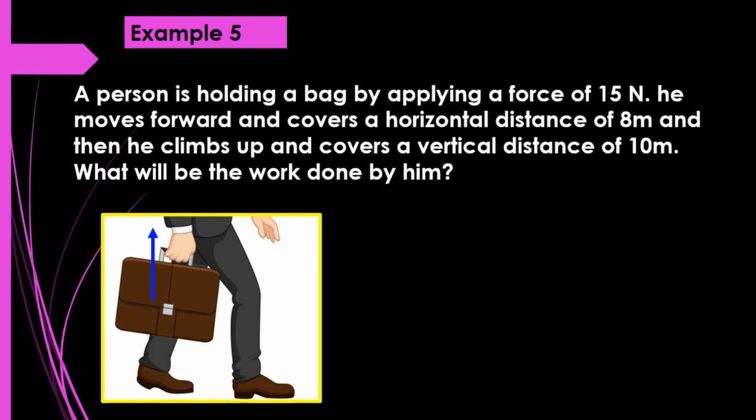Here we have to find out the work done in his horizontal motion and also vertical motion separately, and we have to add the work done in each case, and then we will get the total work done in his motion.